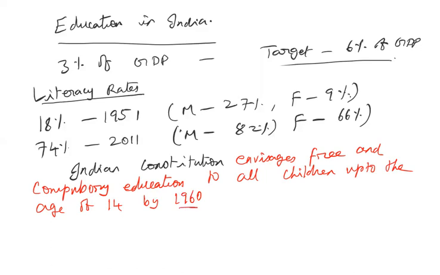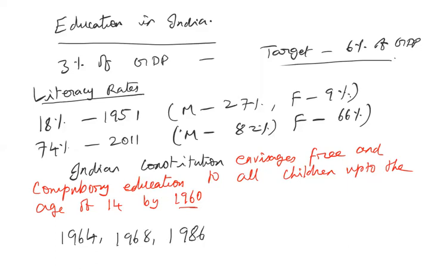The target was the government should provide free and compulsory primary education to all children between 6 to 14 years by 1960. But since the government is not being able to do that, it keeps on postponing every 10 years. And periodically, the government has been passing various national education policies. So first time it was in 1964, 1968, then 1986.